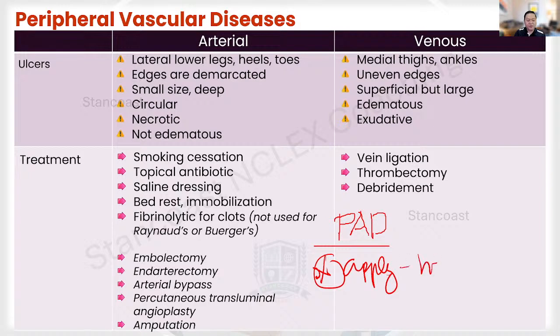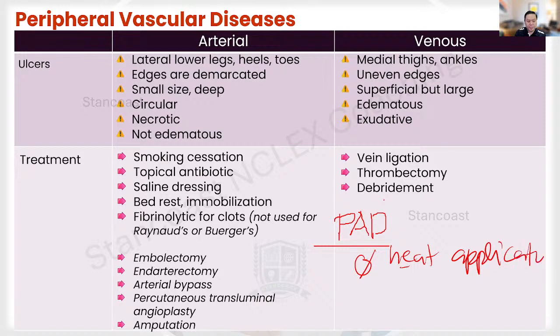Never apply heat directly to the extremity. No heating pad, because the sensitivity of that lower extremity is decreased. They will not be able to feel the temperature, and so this can really cause the patient to have burns. So again, no heat application to this patient, because of the altered sensation.